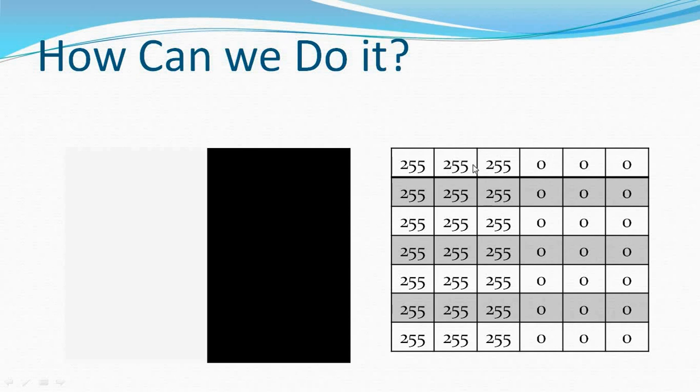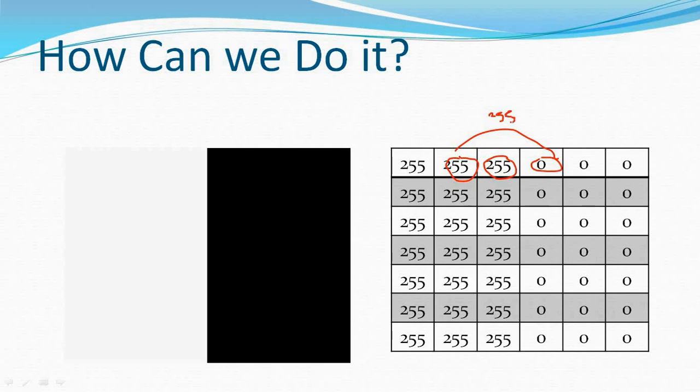So let there be some tool that will subtract the neighboring pixels. I am considering this particular pixel. What I will do is left pixel minus right pixel, suppose. So 255 minus 0, and this answer will come as 255.